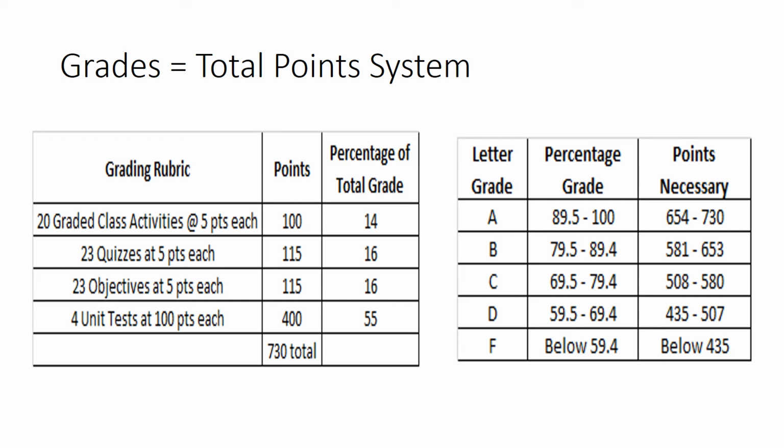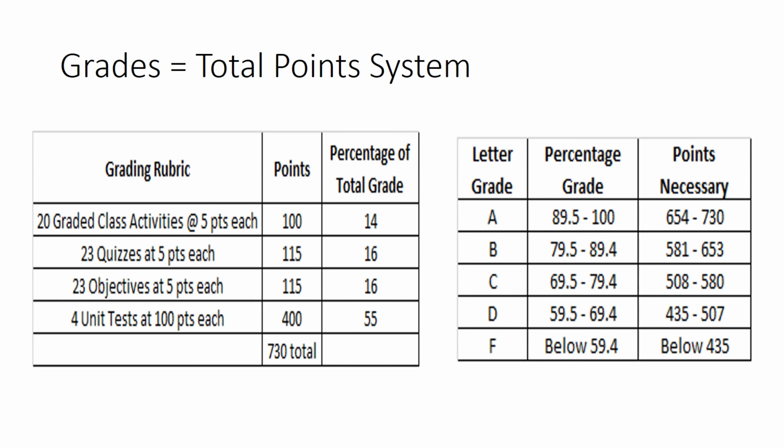Now on the right-hand side of the page, that chart shows you what that means. That means that if you want to earn an A for the semester, you need to earn at least 654 points. 654 points means that you have an 89.5 average for the semester.